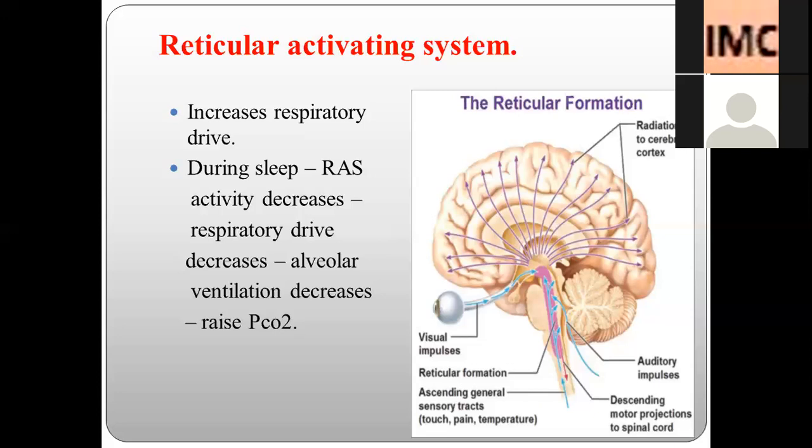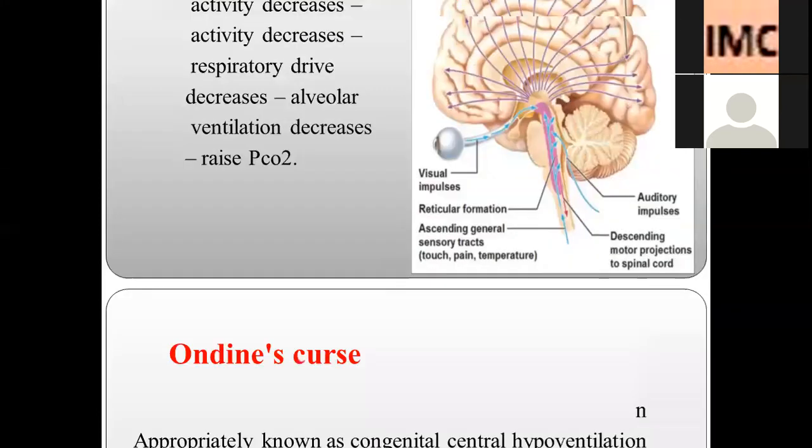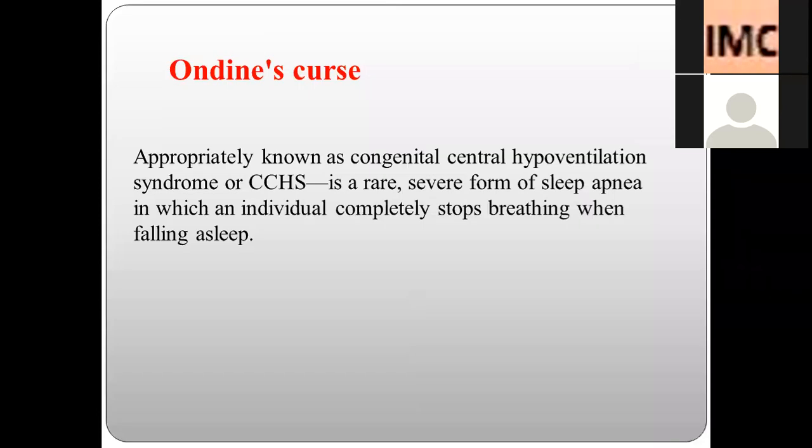So this is the function of the reticular activating system. There is one abnormality concerned with this which is very commonly asked. This is congenital central hypoventilation syndrome, a very rare, severe form of sleep apnea, in which an individual completely stops breathing when falling asleep.